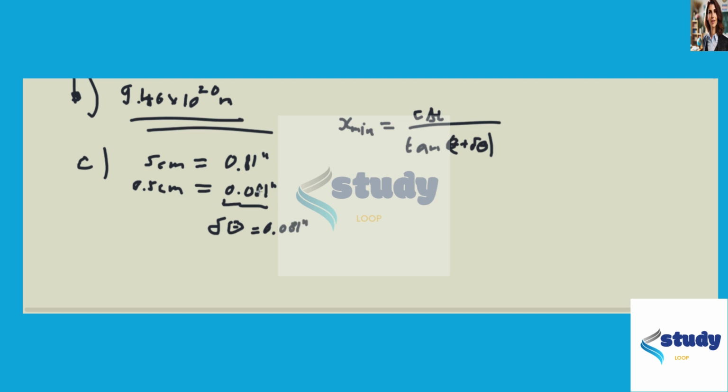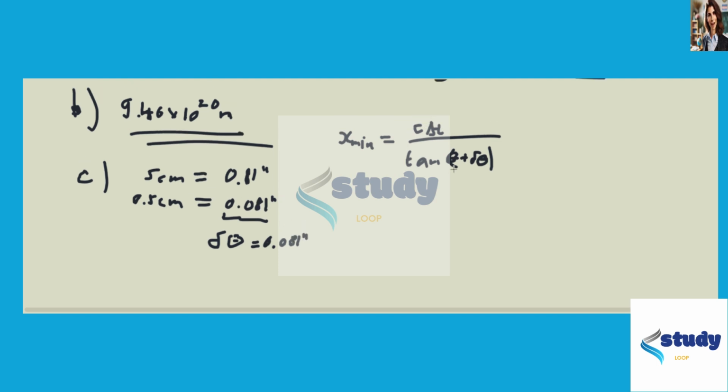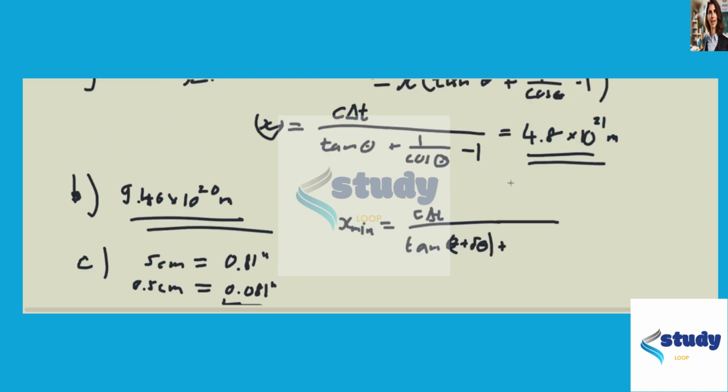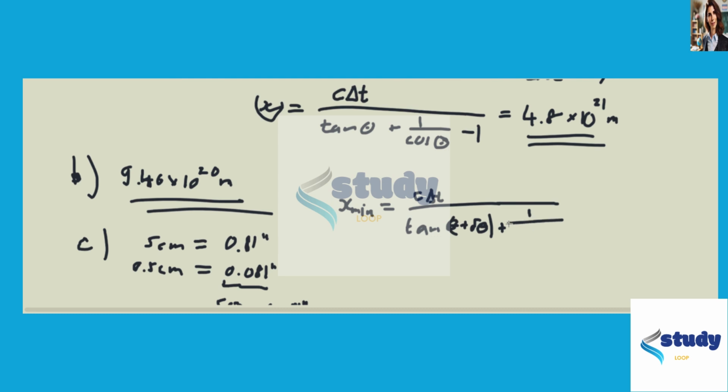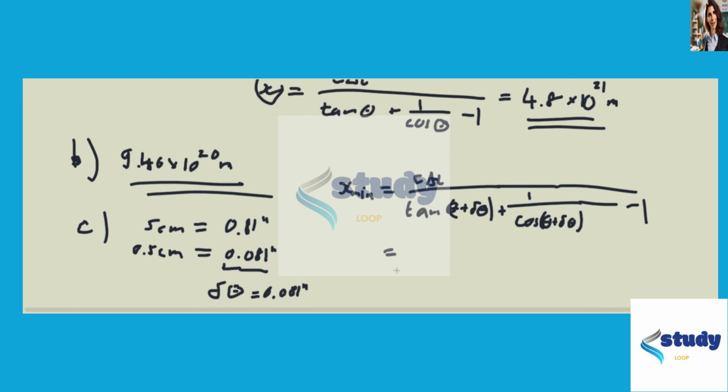And again, you just got this by the ratios on the image itself, which you can just take a look at. And then plus 1 over cosine of theta plus delta theta. All right. Minus 1. Okay, so calculate this distance.